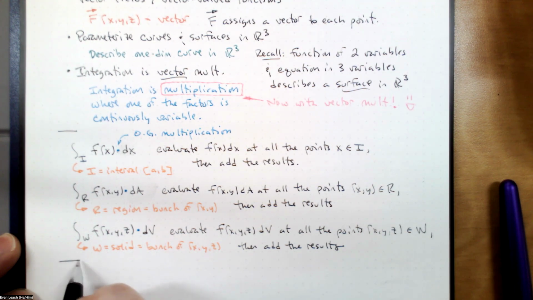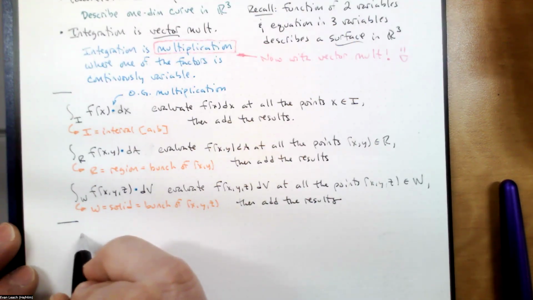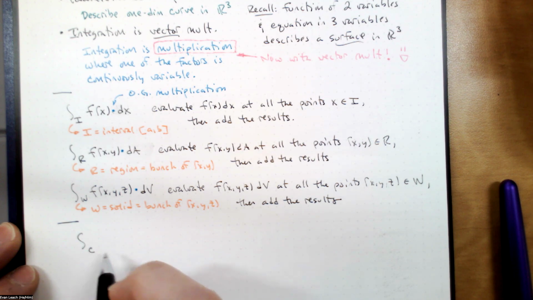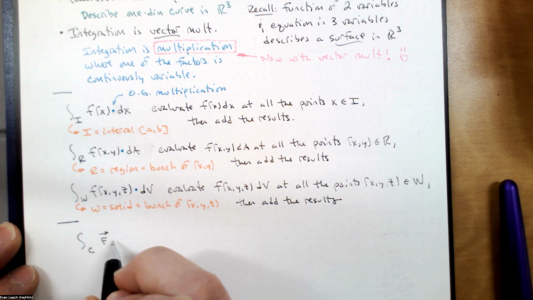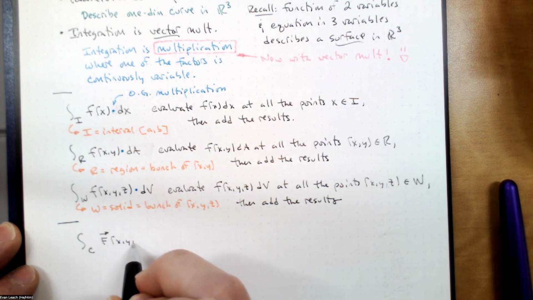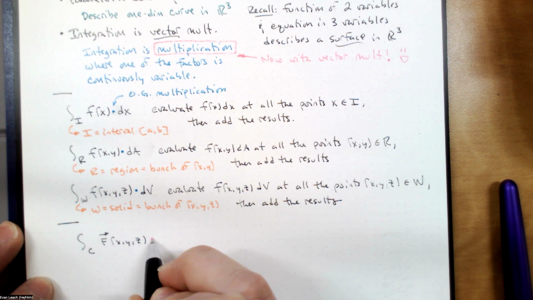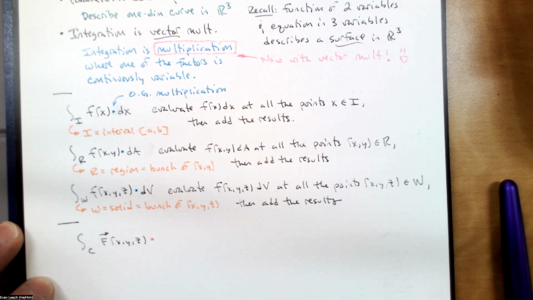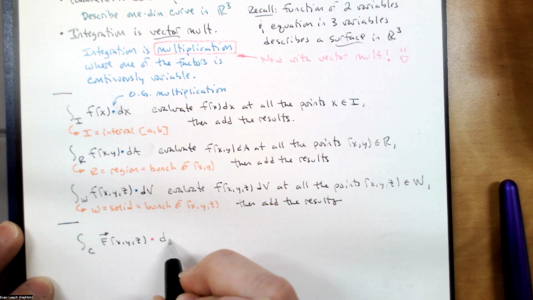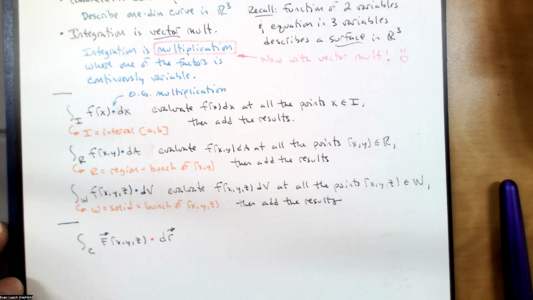Vector integrals, we're trading our irregular multiplication for a dot product. So what we've got going on here is C is some one-dimensional curve in R3.